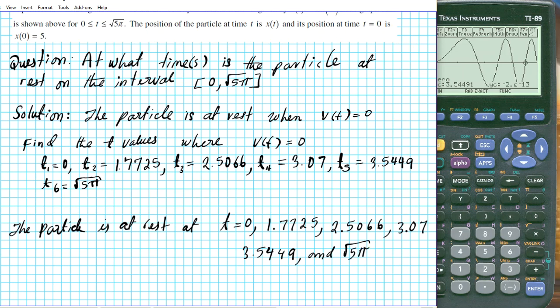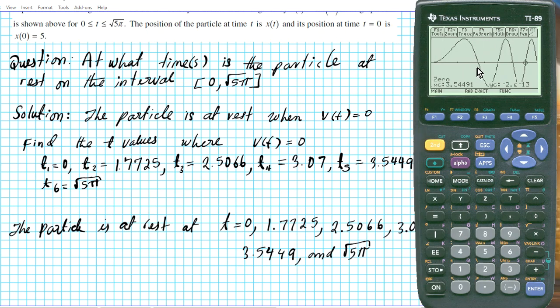Okay, basically the velocity is equal to 0 at these 6 times. 1, 2, 3, 4, 5, 6. Alright, so that's basically how to find the x-intercepts or zeros using the TI89.